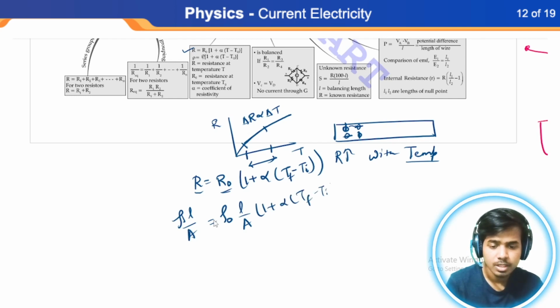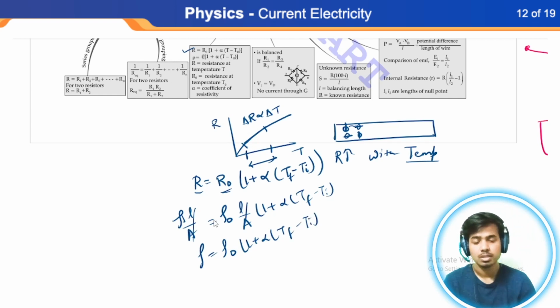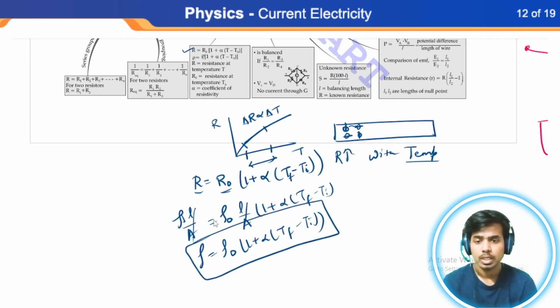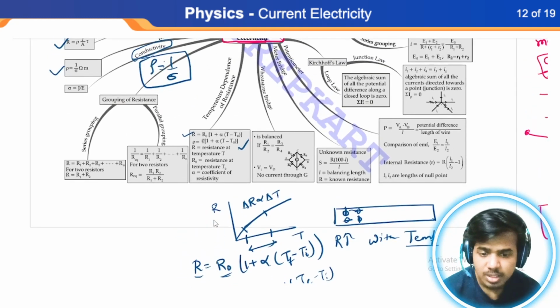L by A gets cancelled, and rho is equal to rho naught (1 plus alpha (TF minus TI)). A very similar equation in terms of resistivity, right? So I think this has been the part that has been discussed here.